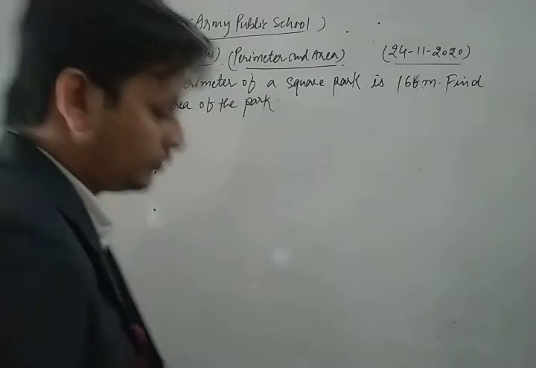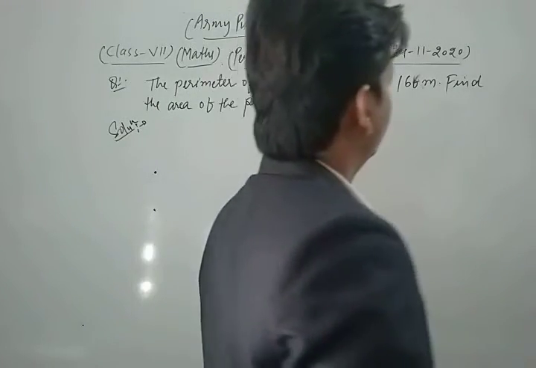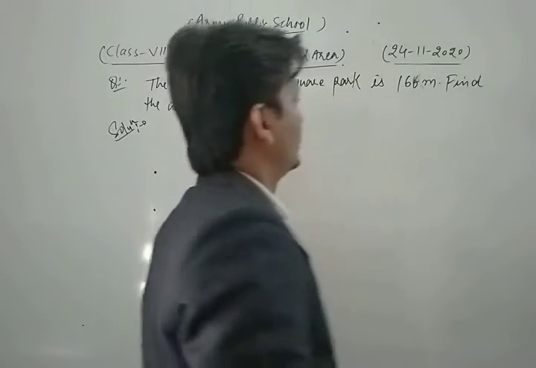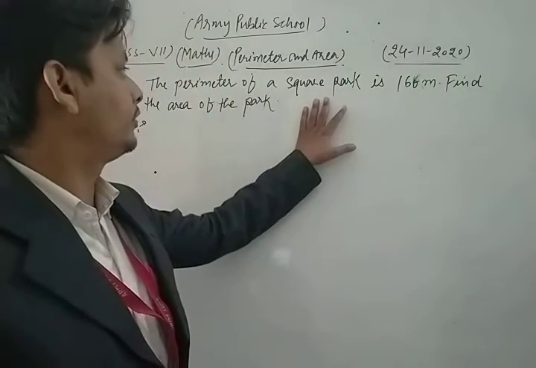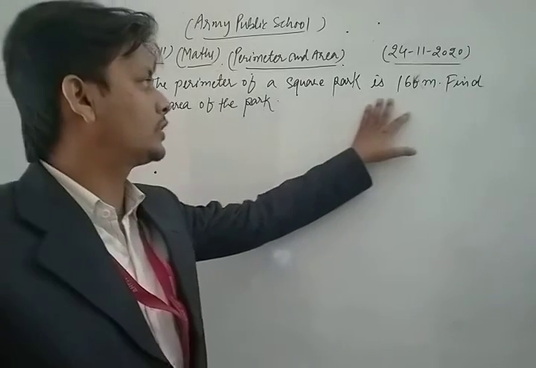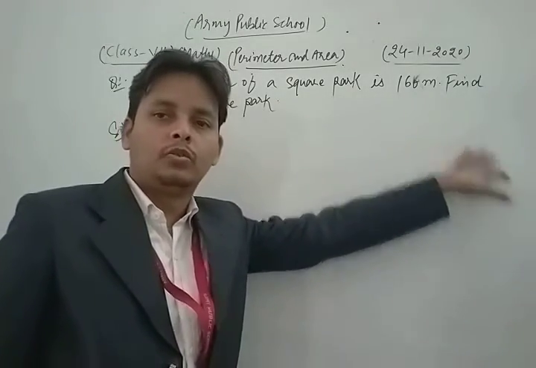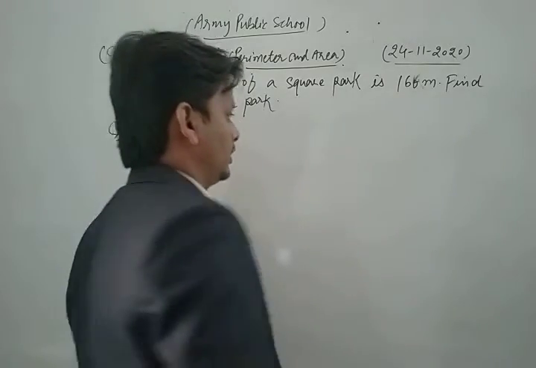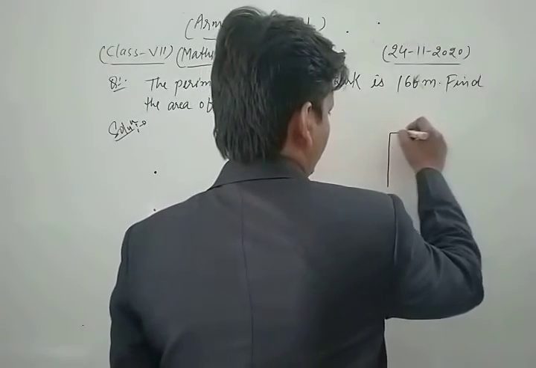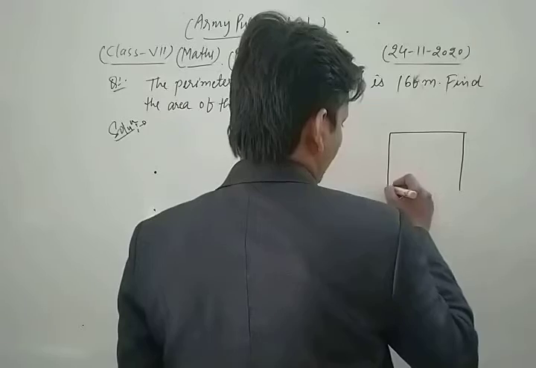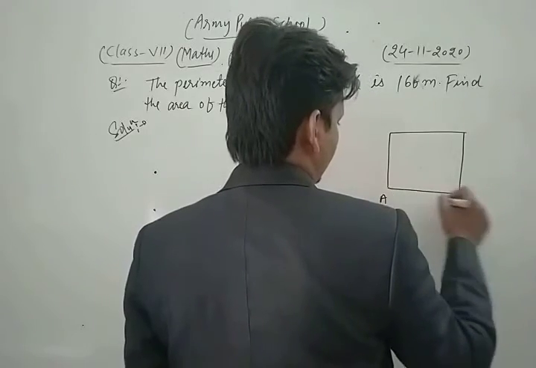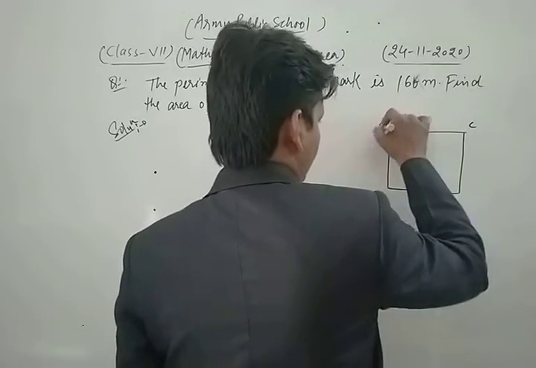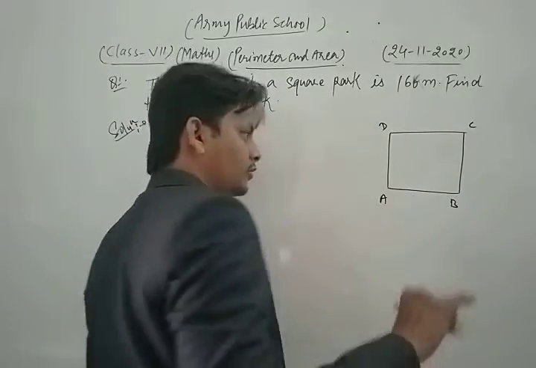Dear friend, in that question, the perimeter of the square park is what? 160 meter. Okay, let's see from the figure. Suppose that this is a square park, here A, B, C, D, and the perimeter is what?